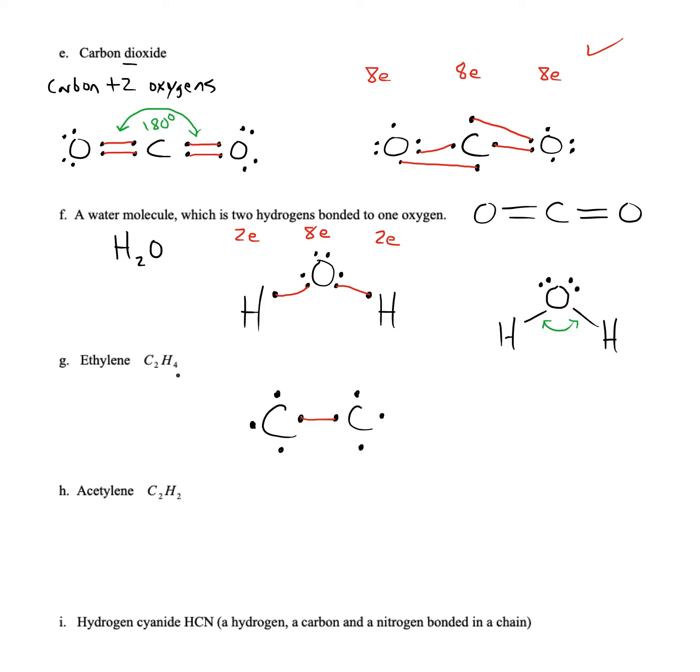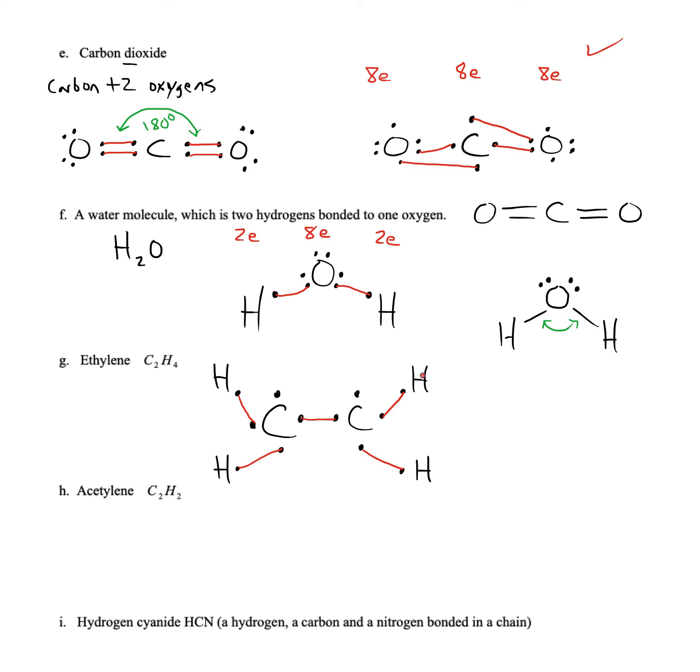Let's see, we've also got 4 hydrogens. I'm going to spread those out a little bit here. Each hydrogen supplies 1 valence electron to the situation. And we know they have to be bonded at least once, so we could do that. So all the hydrogens are happy.